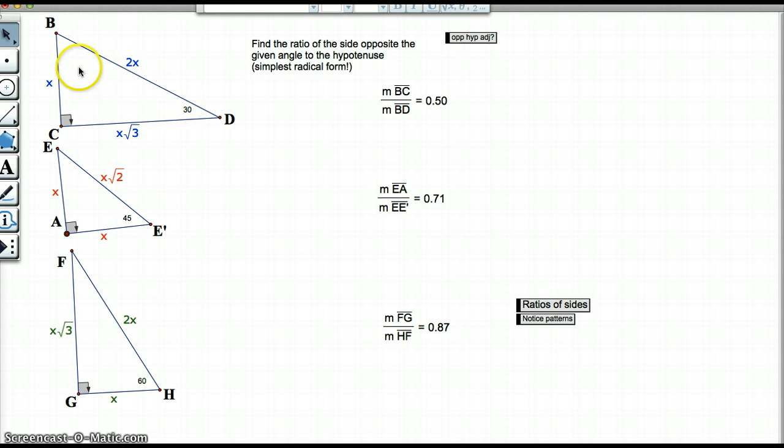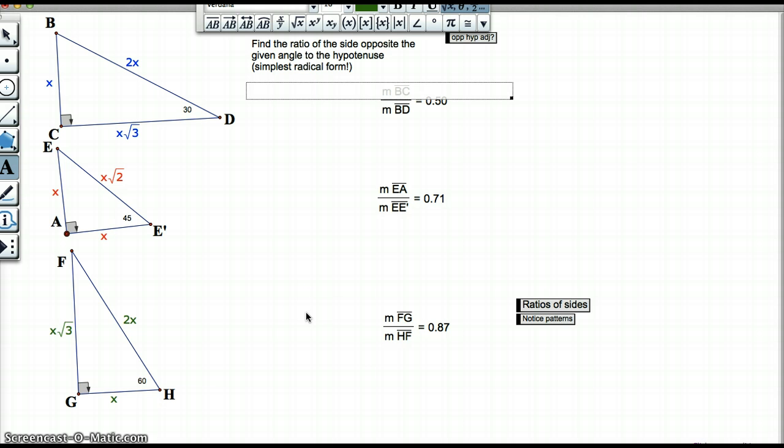So if I was going to do the opposite side over the hypotenuse, then really what I'm looking at is that opposite over hypotenuse is equal to x, that's opposite 30, over 2x.